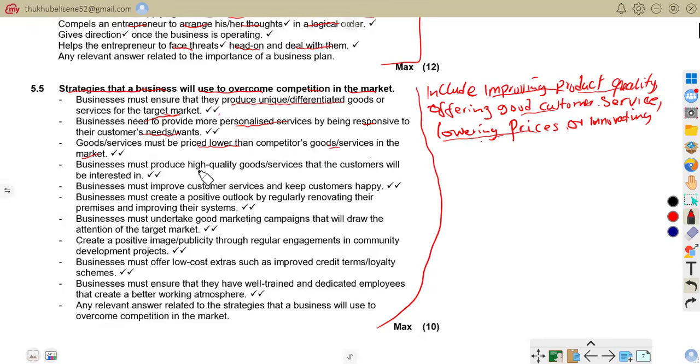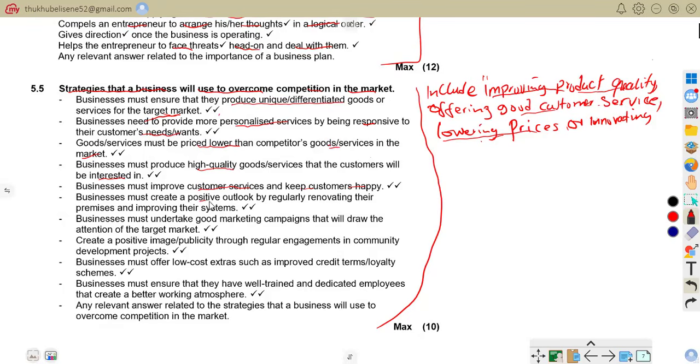Business must produce high quality goods or services that the customers will be interested in. Remember, we started with that as well when you say improving product quality. Business must improve customer services and keep customers happy. Like we say, offer good customer service.